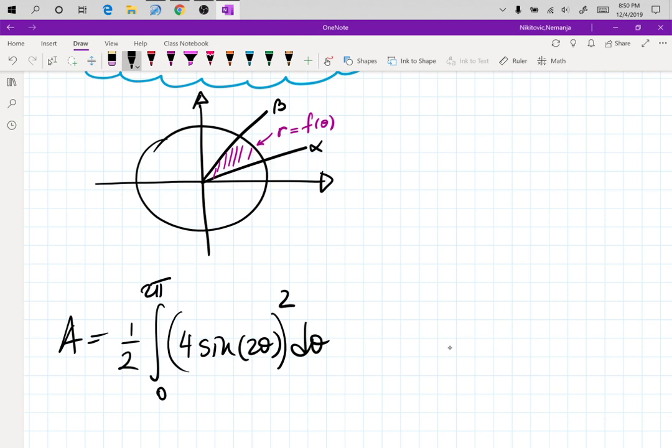And what I'm going to calculate here is the area of all 4 petals of that flower. You want only one? Well, you can divide it by 4 because you have 4 petals, right? 0 to 2 pi, because 0 to 2 pi are angles that will draw the entire flower.